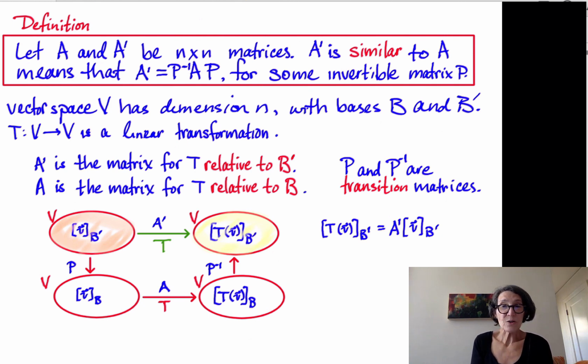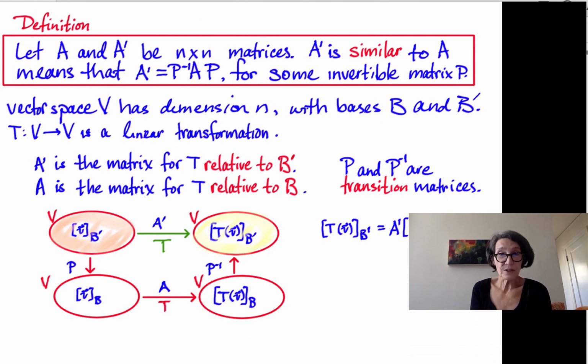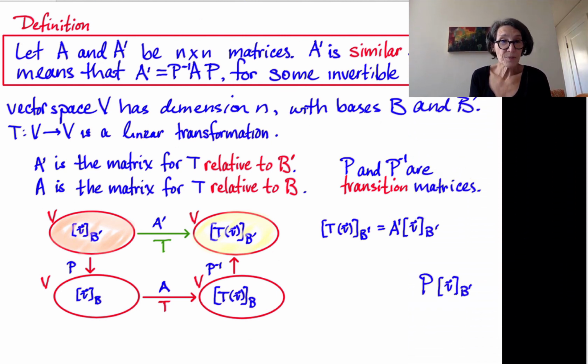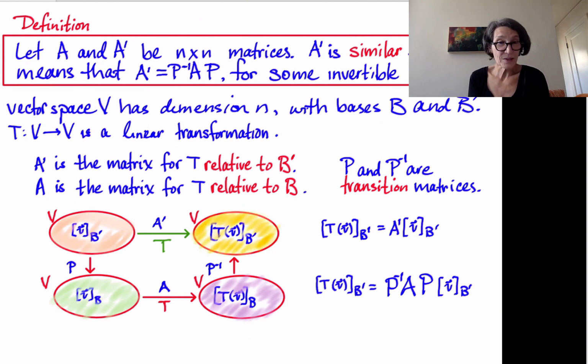So in other words, we're starting with the coordinate vector relative to B prime of some vector V, multiplying it by P, then multiplying that vector by A, and then multiplying that vector by P inverse, and we get to the same place that we would get if we just multiplied by A prime.